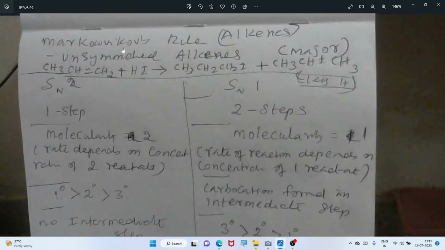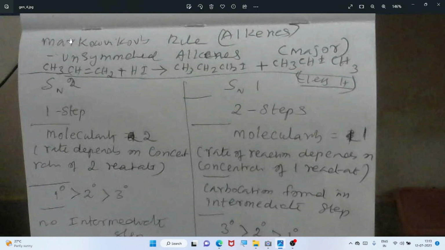There is Markovnikov's rule for alkenes. See, this alkene is unsymmetrical at the double bond: on the right side CH2, on the left side CH3CH. It reacts with a hydrogen halide, here hydrogen iodide, and forms these two compounds. Which side of the double bond will the iodine attack?